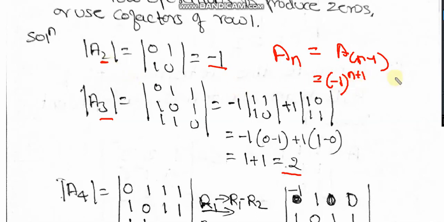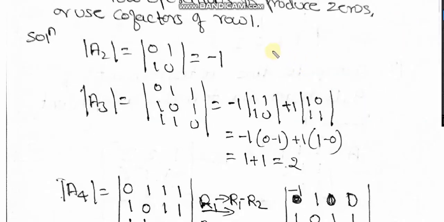So when n is 2, 2 plus 1 is 3, so that becomes minus 1. I have to write the An value as minus 1 raised to n plus 1.